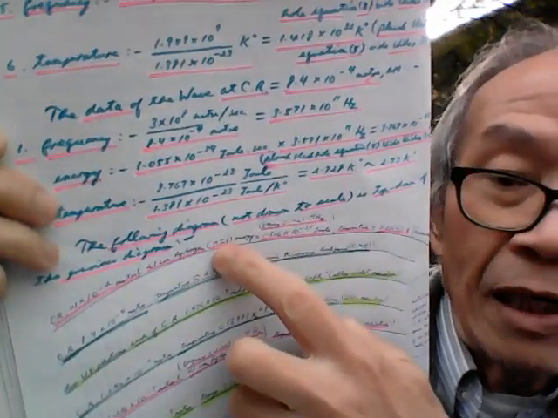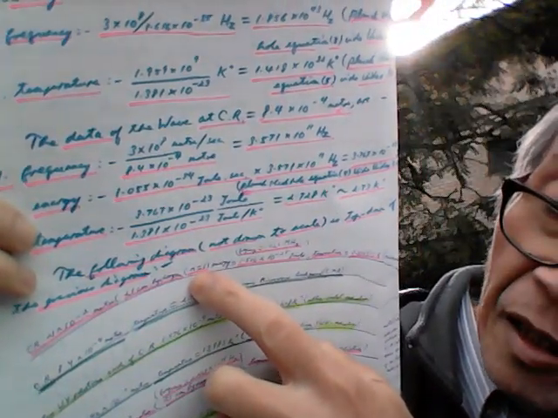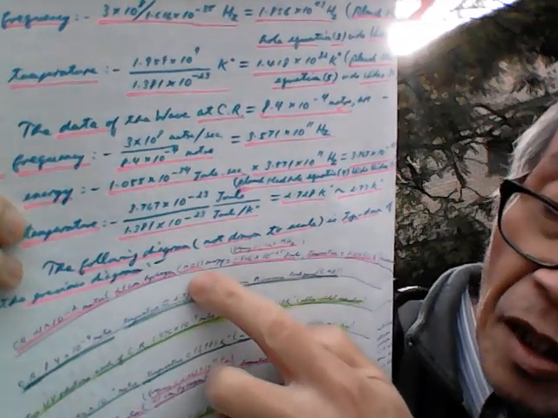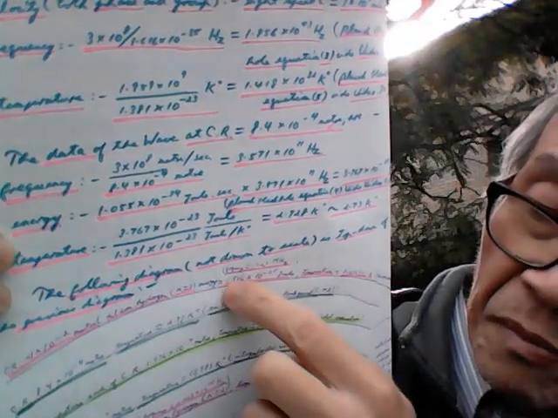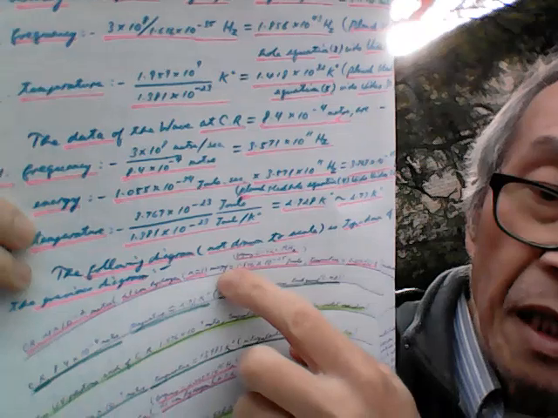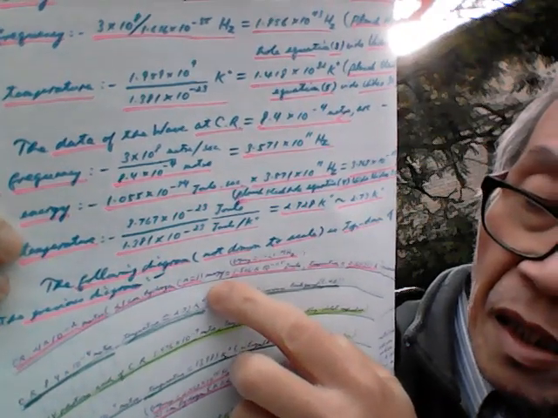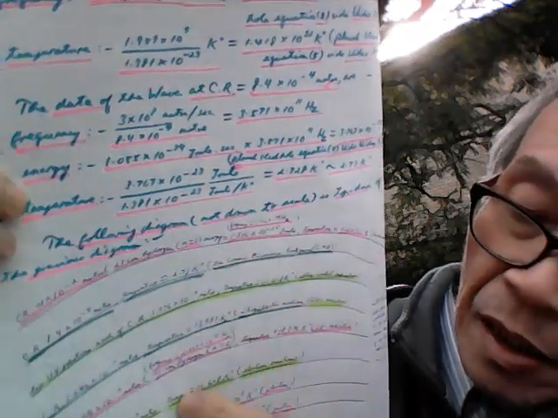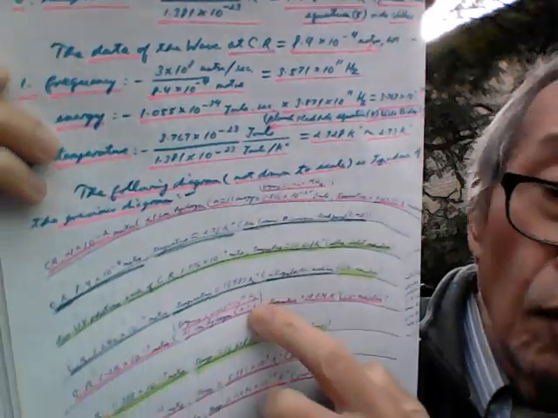The meaning is that the second transition is between this n equal to 1, which I intentionally painted this color, and n equal to 2.